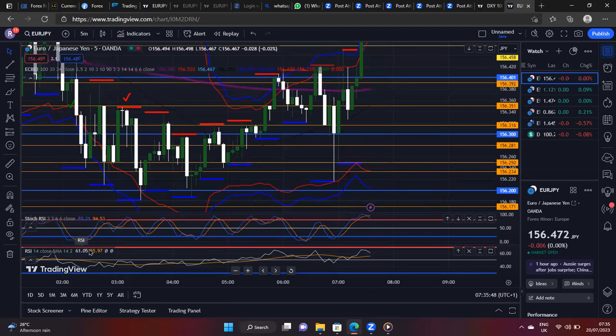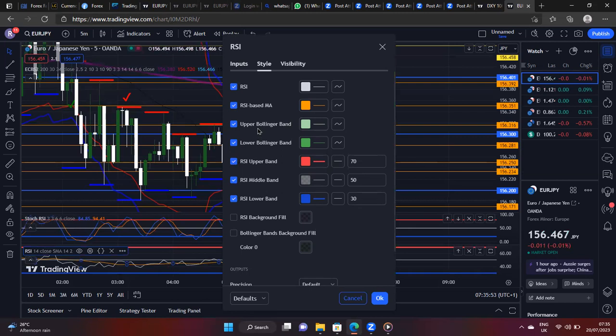Back to settings, and then the upper Bollinger Band should be in the form of lines, and the lower Bollinger Band should also be in the form of lines.